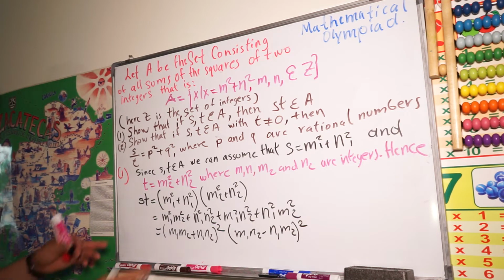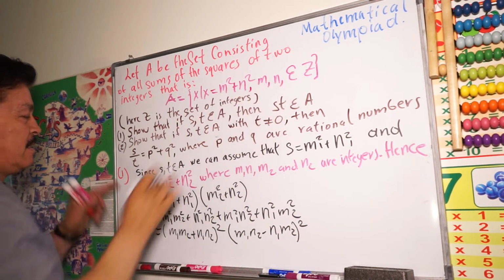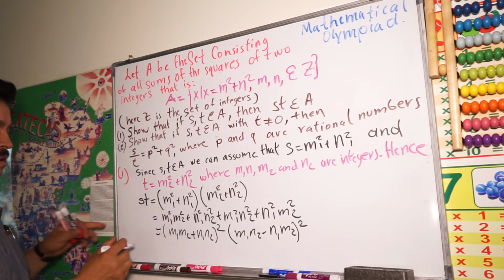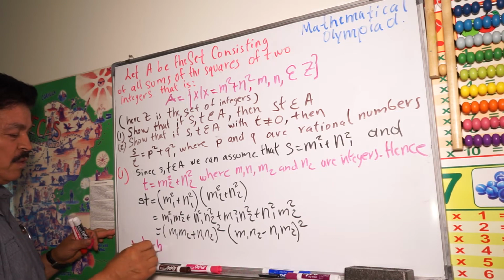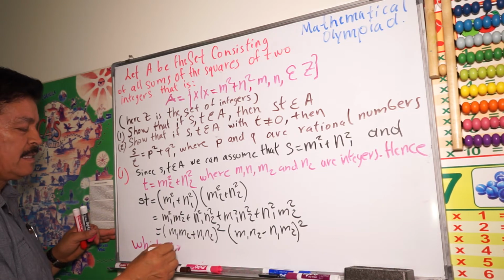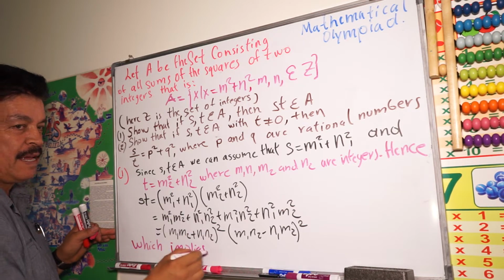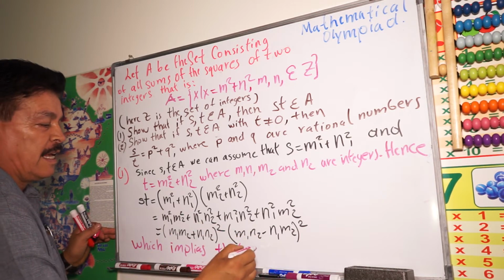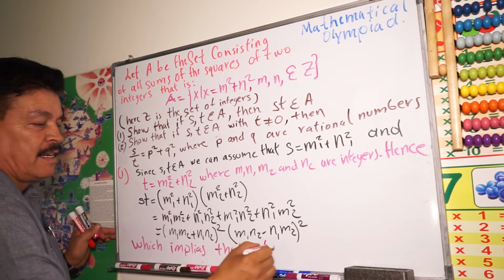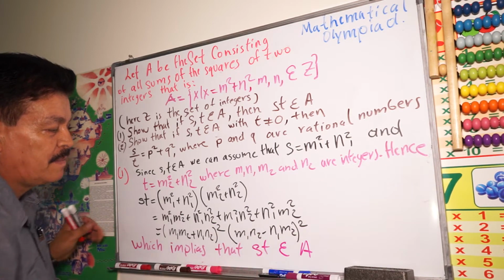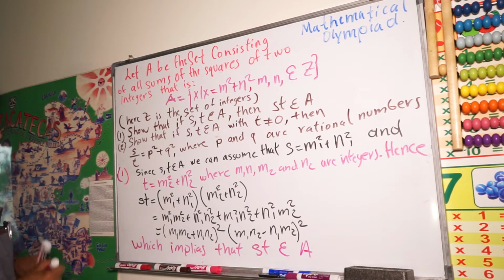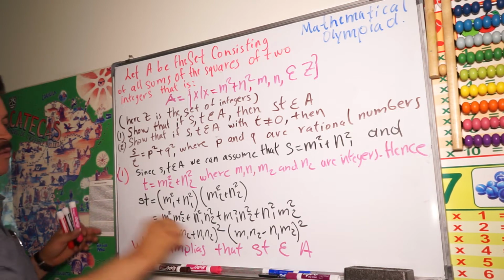So we are proving this in the first step, which implies that st belongs to A. Got it? So we have proved number 1. Now let's go and prove number 2.